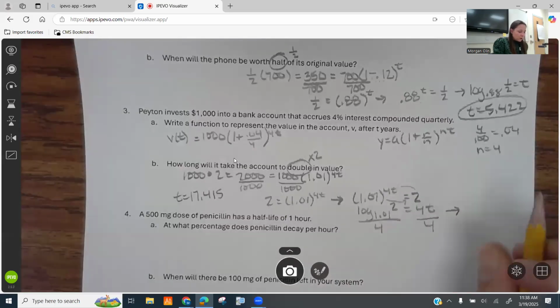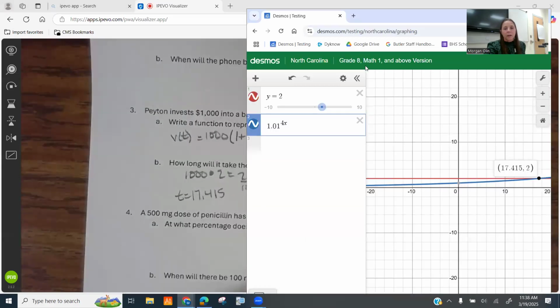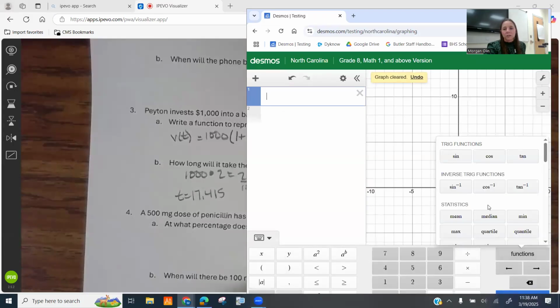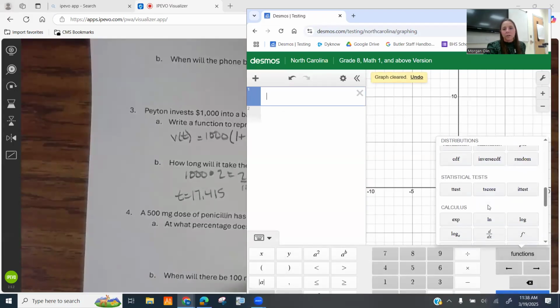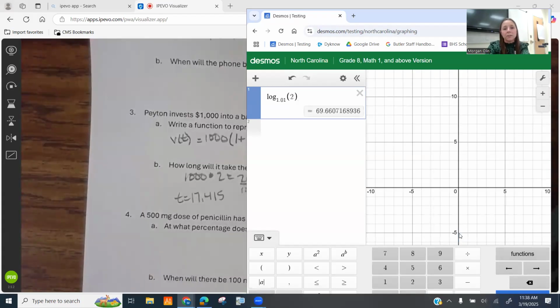So when I plug all that into my calculator, it was functions, scroll down, log base 1.01, and then of 2, close my parentheses, and then take all of that and divide by 4.